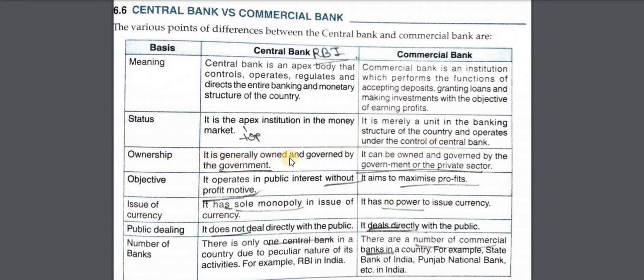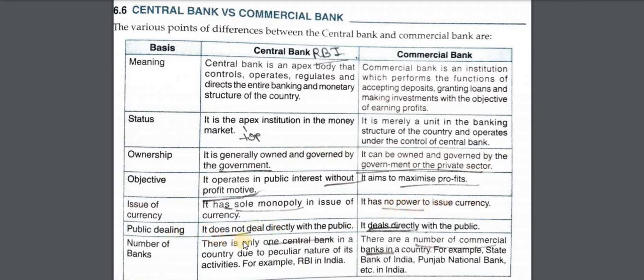Ownership: central bank is generally owned and governed by the government. Commercial bank can be owned and governed by the government or the private sector. Objective: central bank operates in public interest without the profit motive. Commercial bank aims to maximize profits. Issue of currency: central bank has the sole monopoly in the issue of currency. Commercial bank has no power to issue currency.